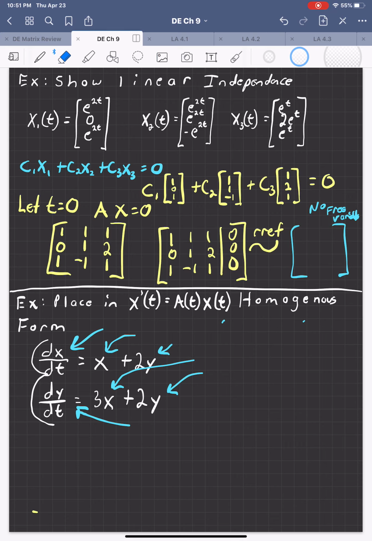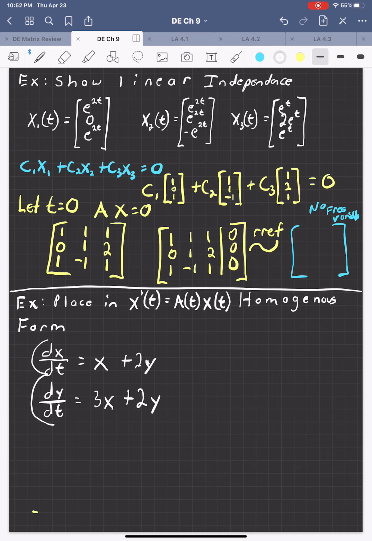All right, so let's erase everything except the system. And then we're going to practice just going from one form to the other form. Okay, so that was 2y.